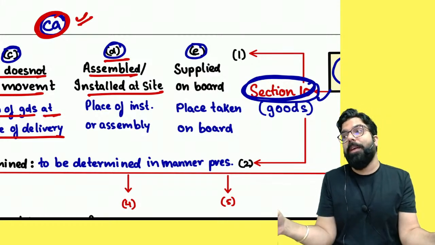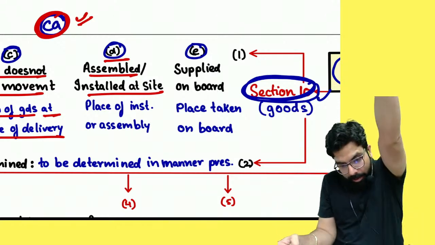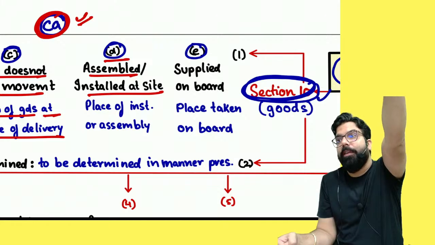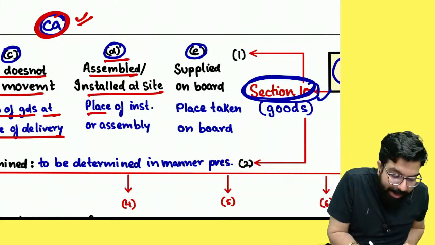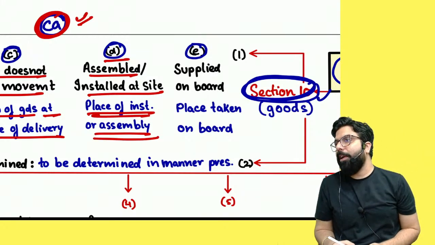What is the place of supply? Where did the goods go? Chennai. So, supplier Karnataka, installation Chennai, Tamil Nadu. What will I charge? IGST. So it says the place of installation or assembly will become the place of supply. Is my point clear to all? If you tell me to install something or assemble something, what will be the place of supply for me?